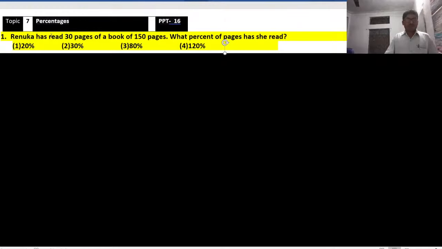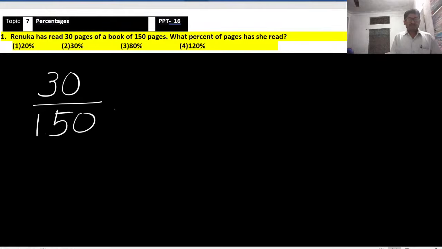First question. Renuka has read 30 pages of a book of 150 pages. What percent of pages has she read? We have to convert 30 by 150 into a percentage.